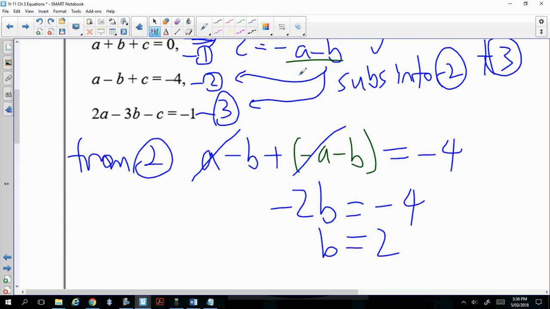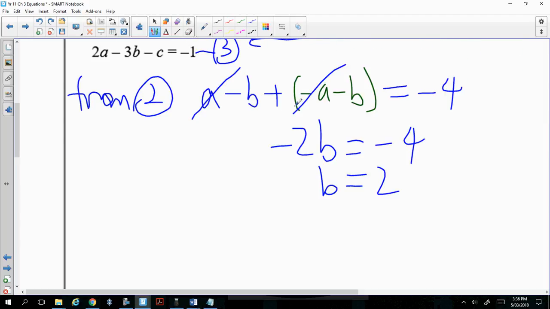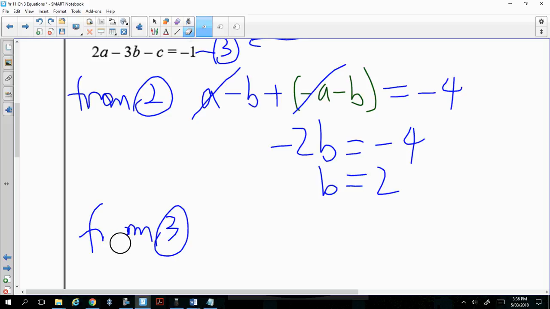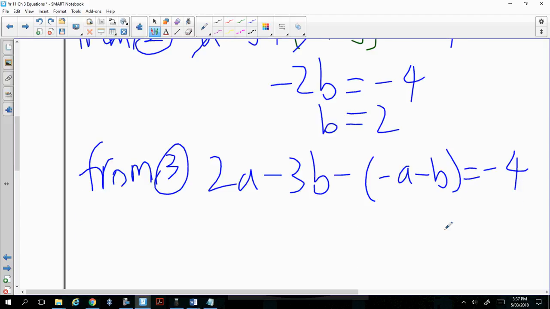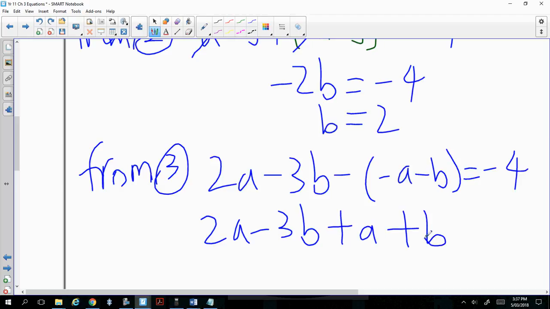And then we'll also substitute that into the third equation. From 3, 2a minus 3b minus c, with c replaced by minus a minus b, equal to negative 4. Then we'll collect like terms, and be careful: plus a plus b, because the minus changes both.